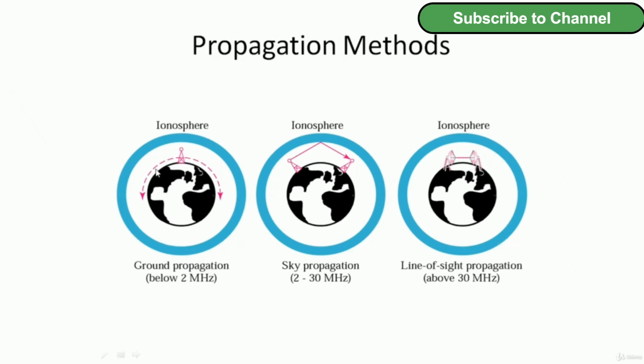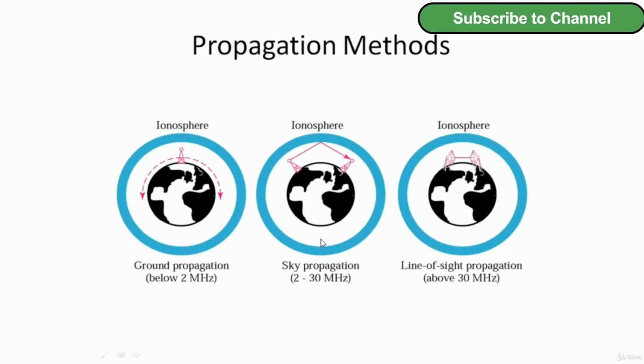This one is the earth, and this is the surface of the earth, and this one is the ionosphere. So it is around the earth, means through the surface of the earth the signal transmits, that is known as the ground wave propagation, and it happens below the 2 megahertz frequency signal.